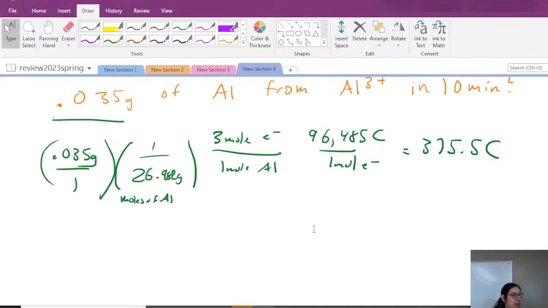And so now we just need to get current. So amps per coulomb. And we need to get our total number of seconds. So we can multiply 10 by 60 on bottom.